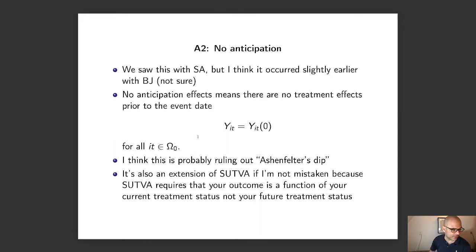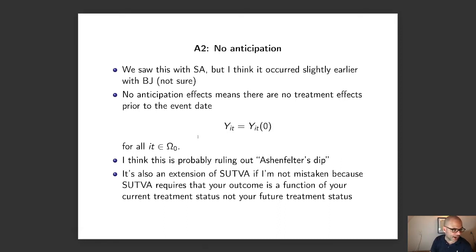No anticipation. We've been talking about that one too. So what that means is absent prior to the treatment, there is no treatment effect. That's Orley Ashenfelter's dip, where you know that you're about to be unemployed and you're about to sign up for this job training program, and you might start spending now.